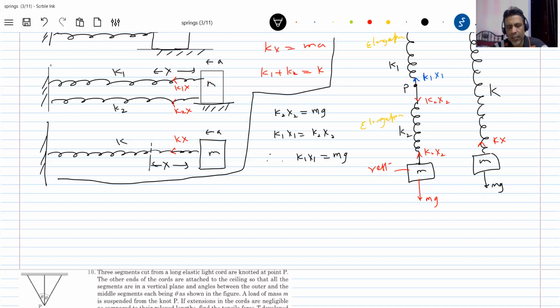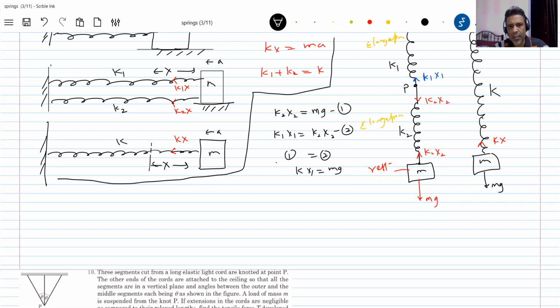According to this, the block is at rest. I brought this first equation. Point P is at rest. I brought second equation. Then equating 1 and 2, K1 x1 is equal to mg.